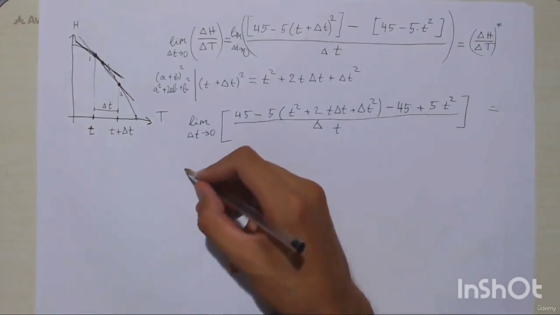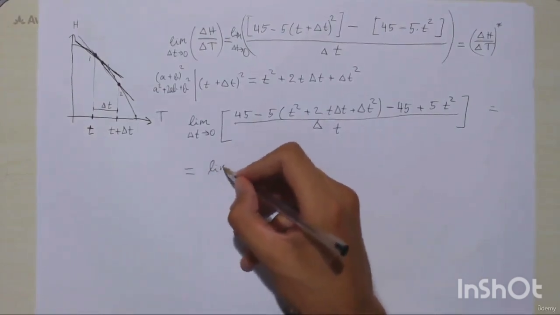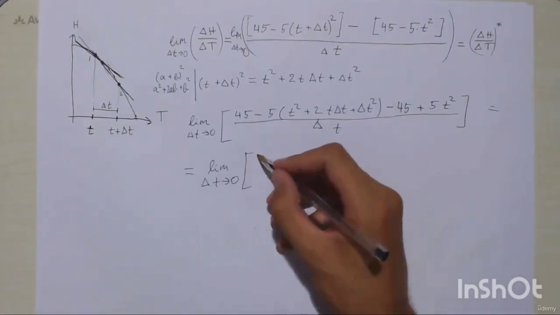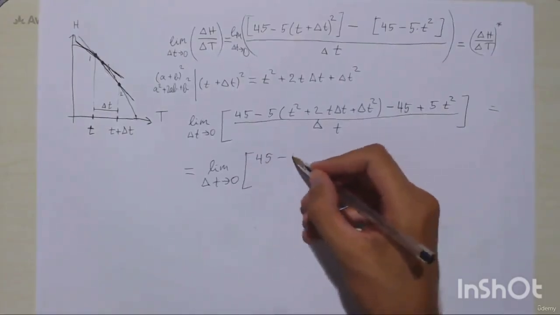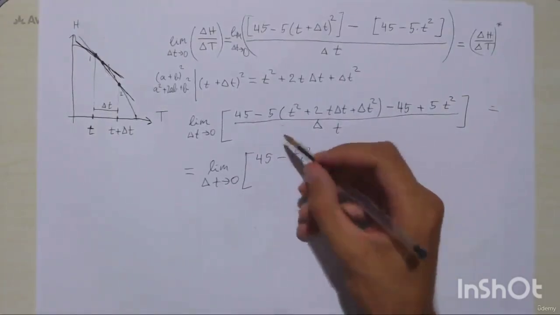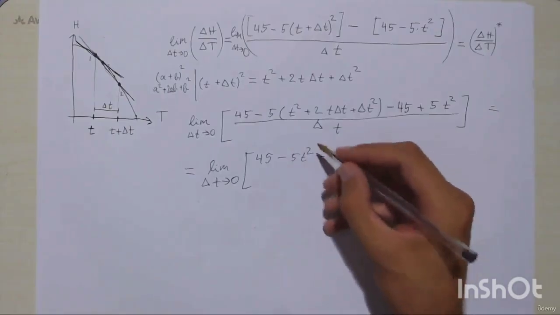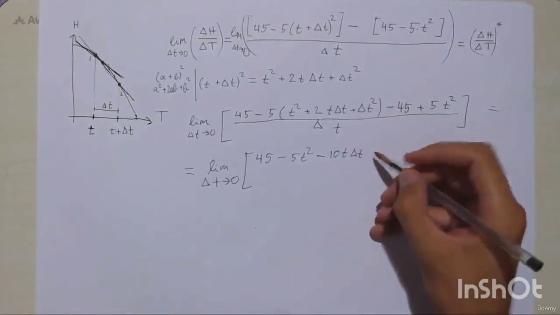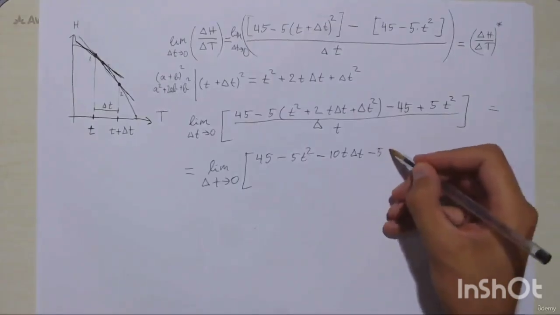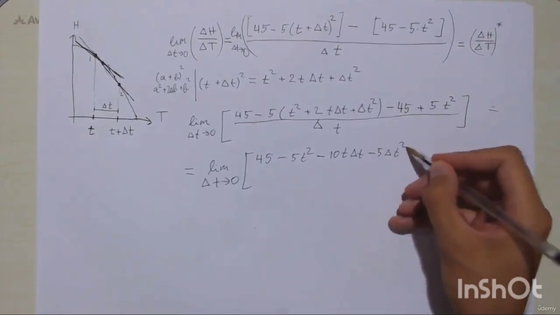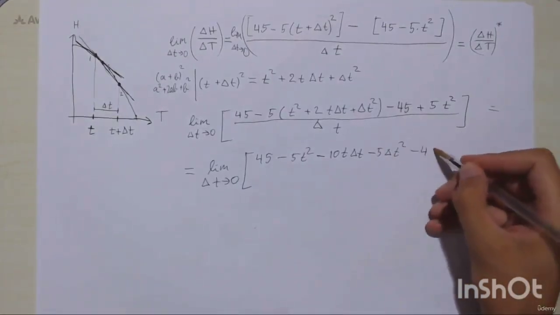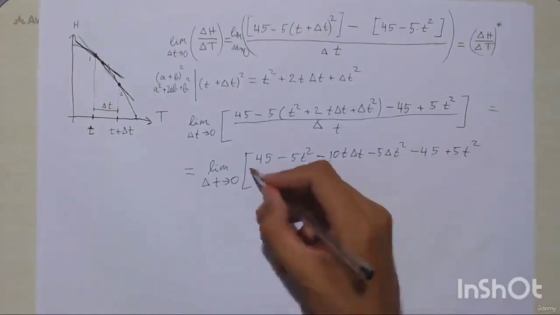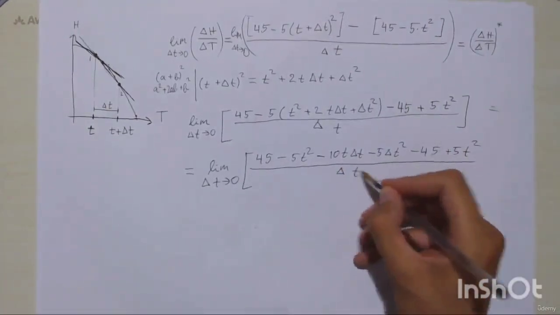And then again, we would have limit as delta t approaches 0, 45 minus 5t squared minus 10t delta t and minus 5 delta t squared minus 45 plus 5t squared divided by delta t.